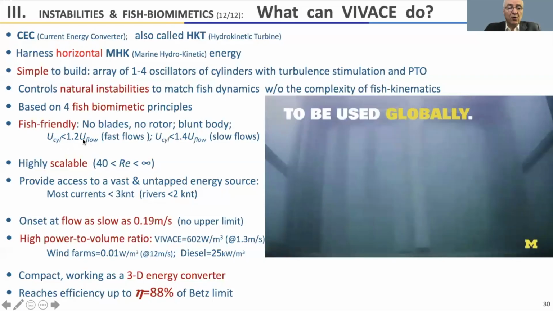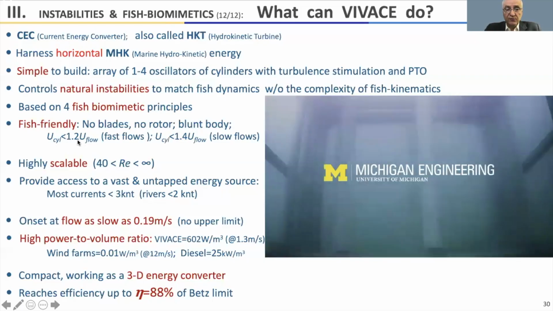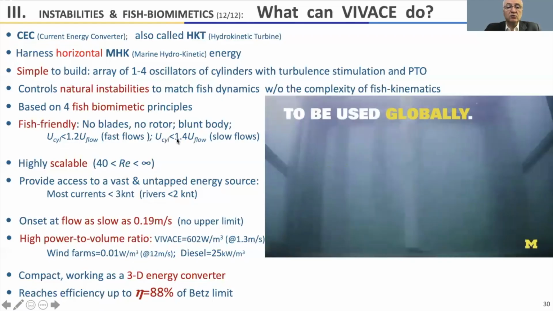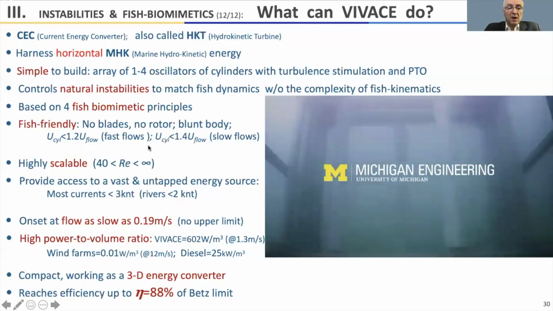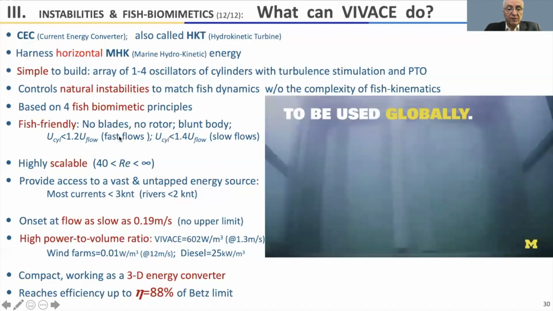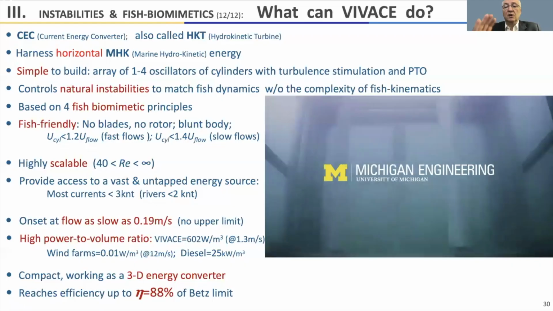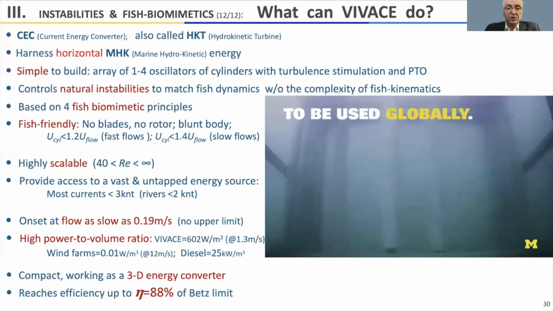In slow flows, the cylinder velocity does not exceed 1.2 times the flow velocity, and in fast flows does not exceed 1.4 times the flow velocity. So the velocity of motion of the body is pretty slow, particularly if you compare it with wind turbines or water turbines.